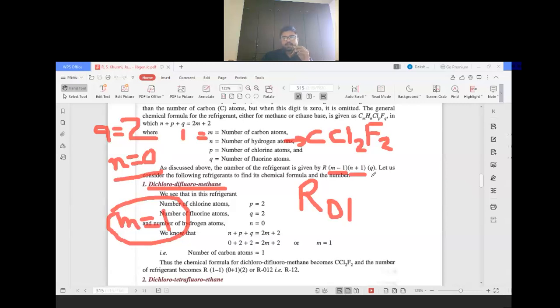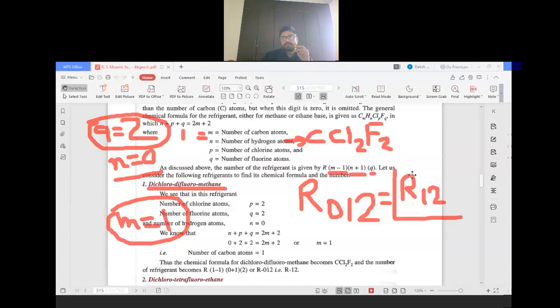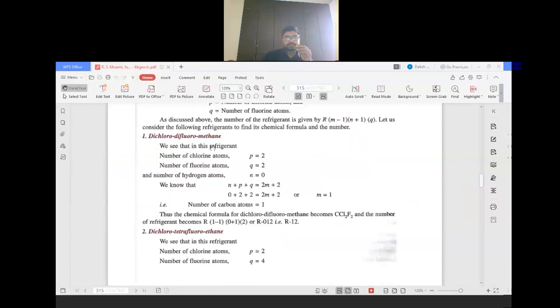Then the last digit is Q. What is Q here? Q is 2. So this is our answer. This is R12. This formula is for R12 refrigerant. So I hope you have understood this. Let us take another example.